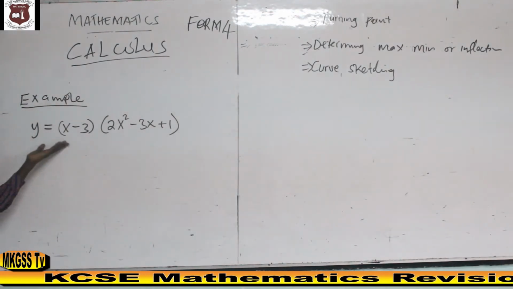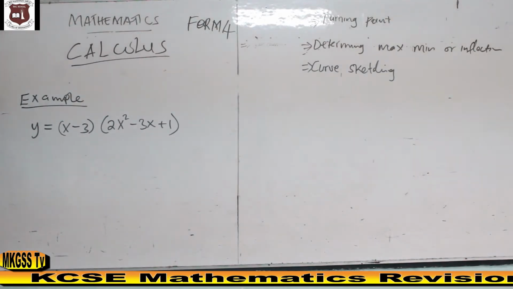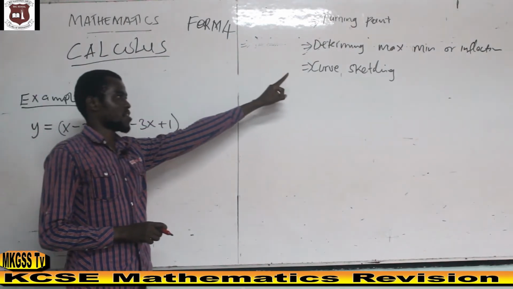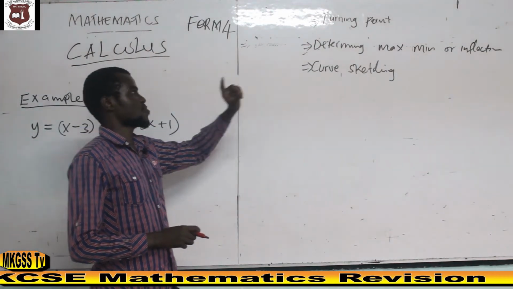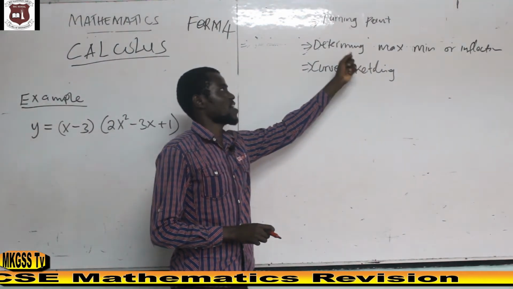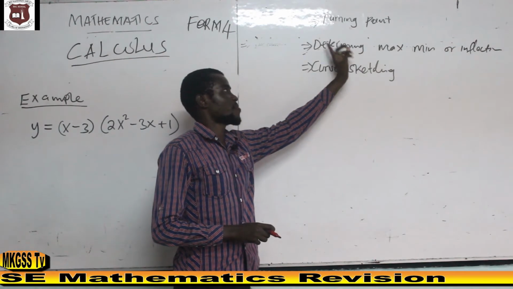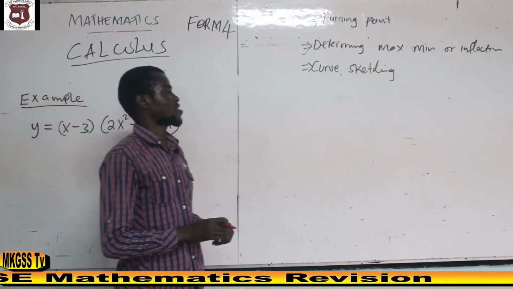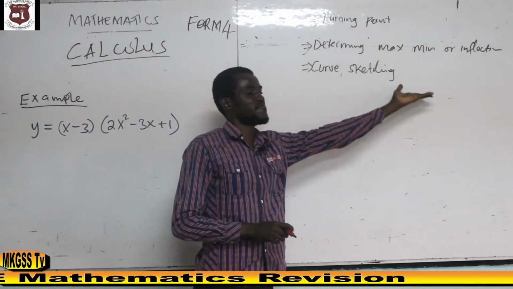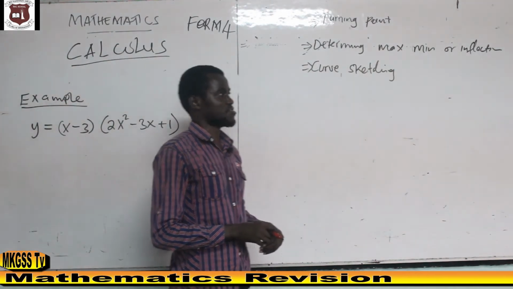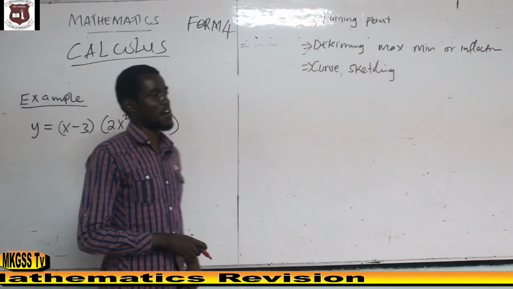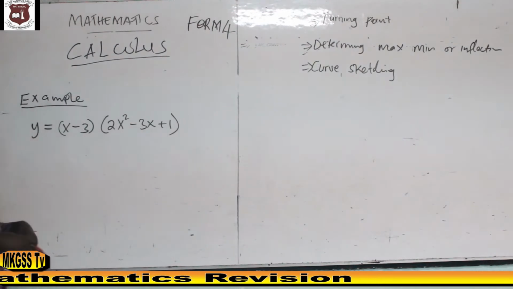You can be told to determine the turning point, then maybe the next question, determine whether the points you have found out are maximum or minimum, or even the point of inflection. Then lastly, you can be asked, now sketch the curve. So here we begin.